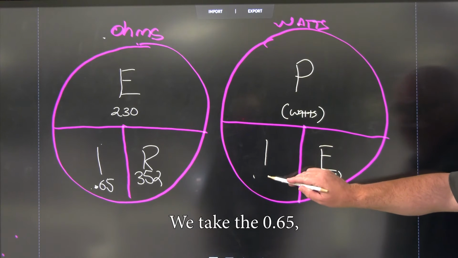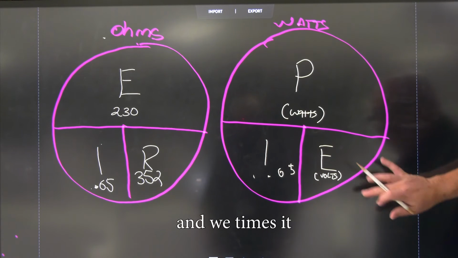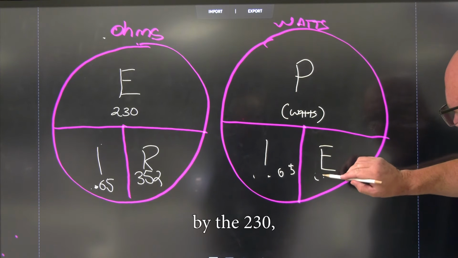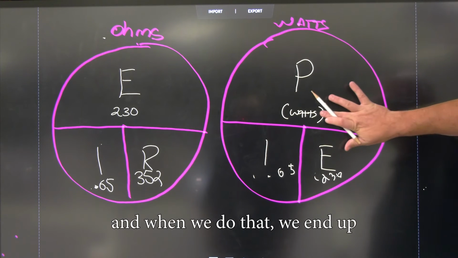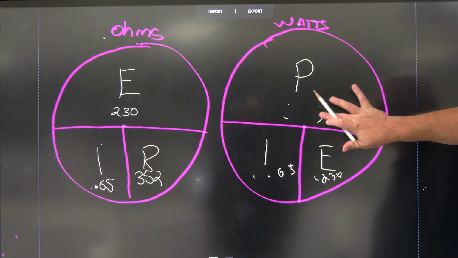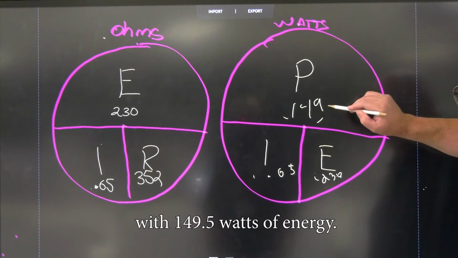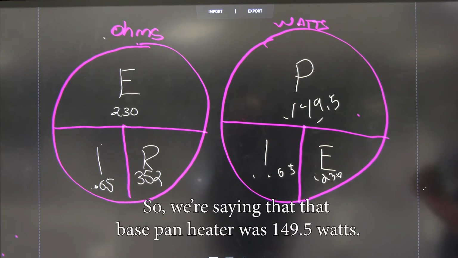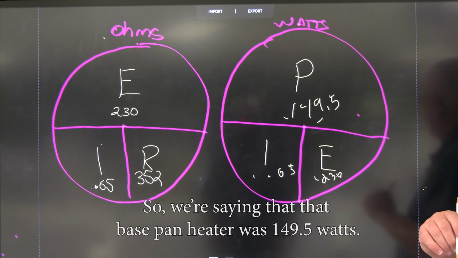We take the 0.65, and we multiply it by the 230. And when we do that, we end up with 149.5 watts of energy. So we're saying that that base pan heater was 149.5 watts.